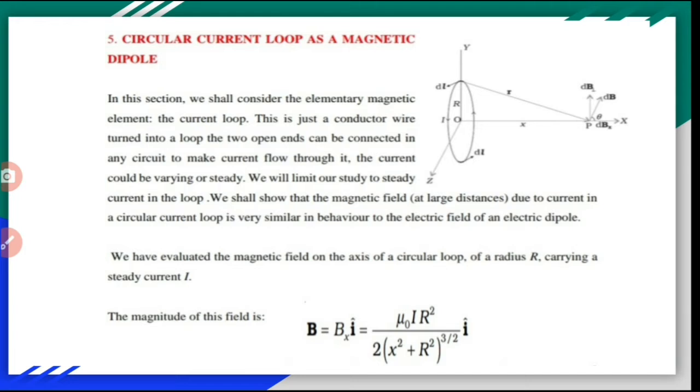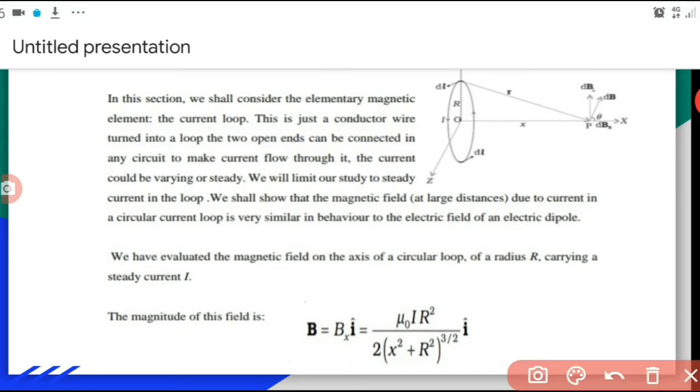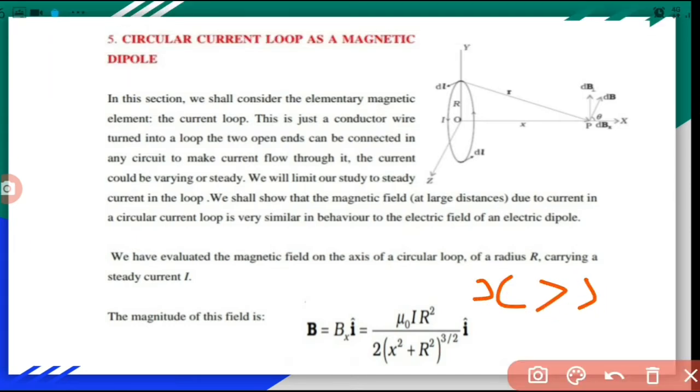Here i cap shows that the direction of magnetic field is along the axis of the dipole as given by the right hand thumb rule. Now in this equation, suppose we consider the condition when x is very much greater than r. Under that condition, the r square term in the denominator can be neglected.